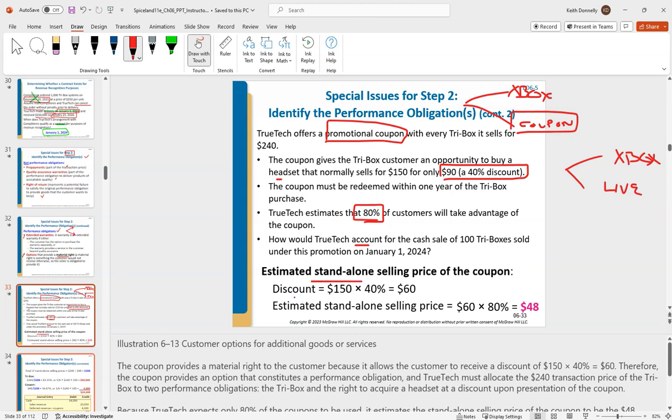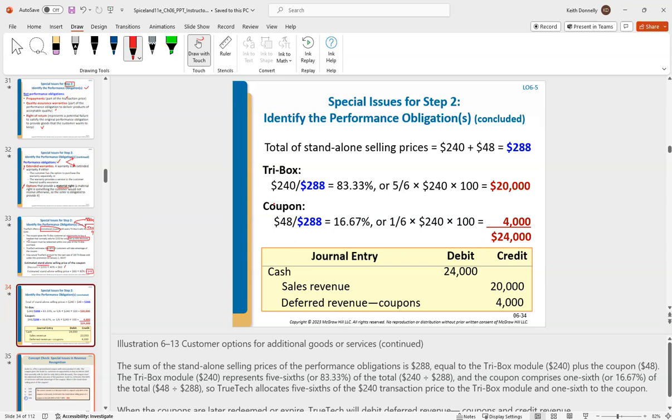We have to look at the standalone sales price of that. So the coupon, the discount is $60. We think 80% of the people are going to take us up on it. So effectively, we're going to say that coupon is worth $48 as a standalone price.